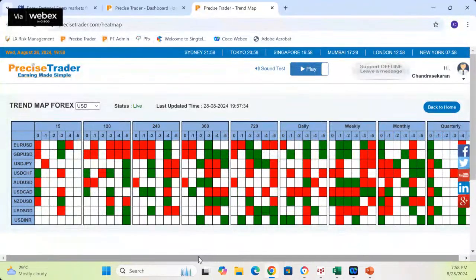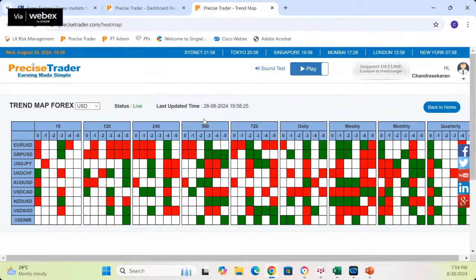Okay, now the trend map. We need to use three tools: the trend map, PT zones, and the dashboard. Then finally the chart. Then we are good to go. Okay, so now we look at the trend map.